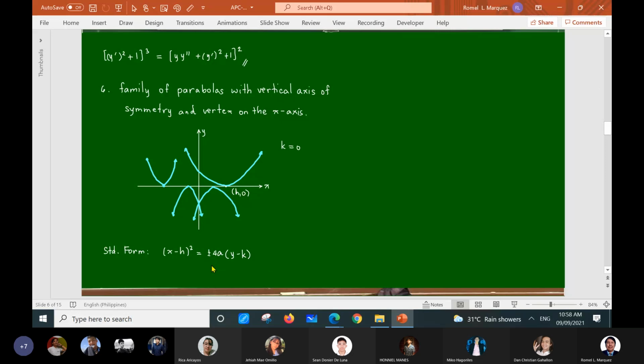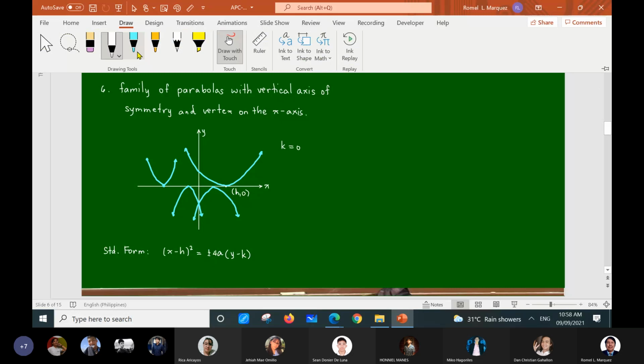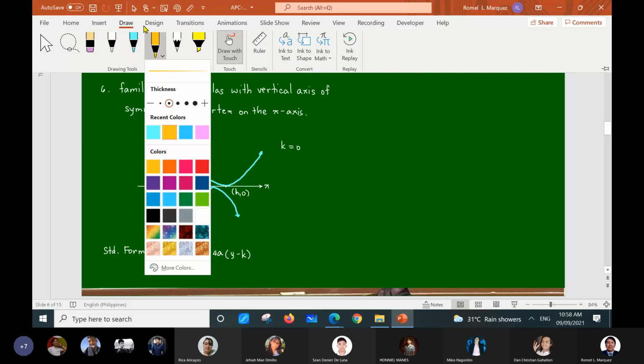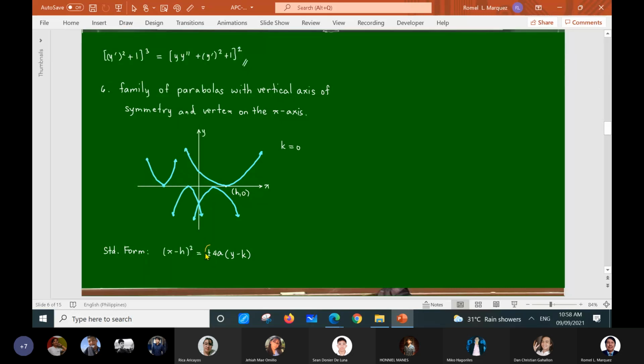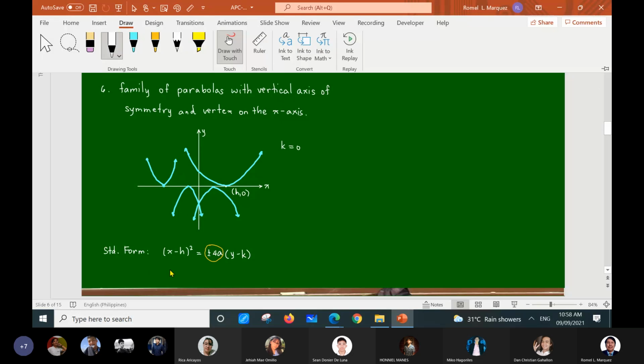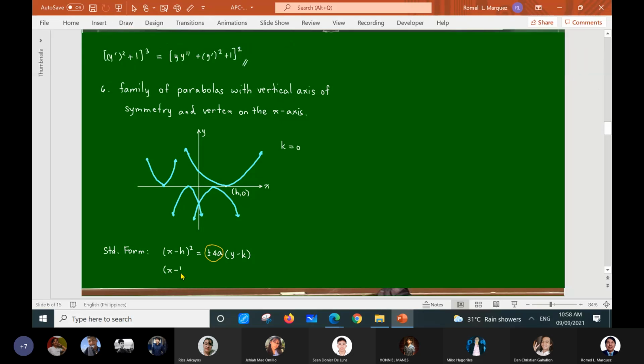Pero itong plus or minus 4a, pwede mo siyang i-let ng isang arbitrary constant na lang. Yan, guys. You can let it by, let's say, c. Ang absolute value ng 4a is actually length ng latus rectum.